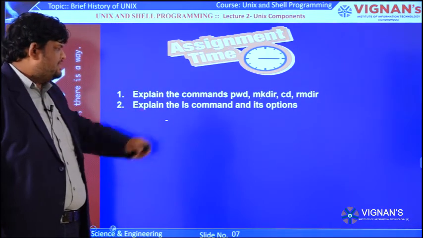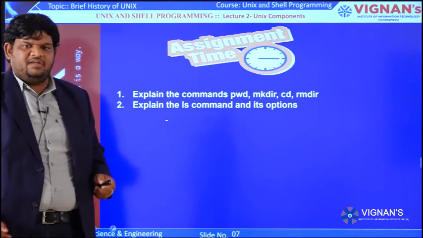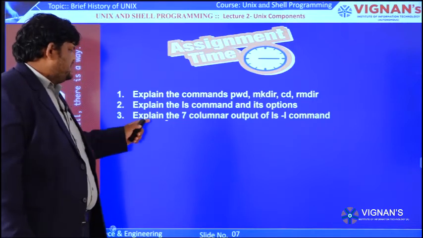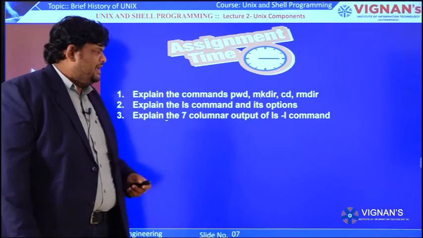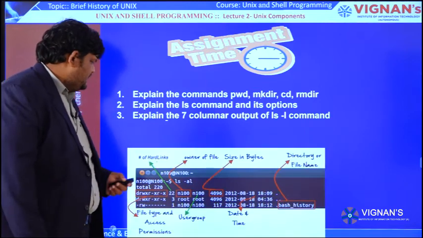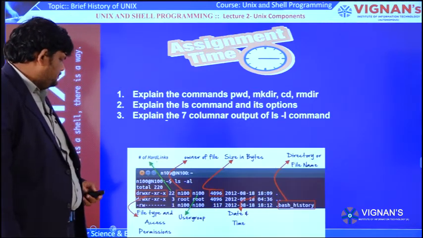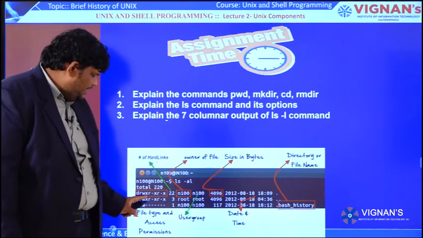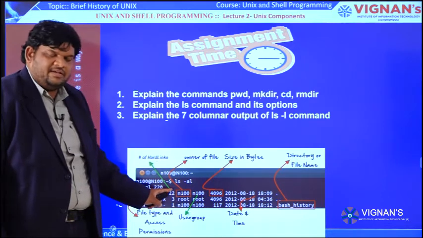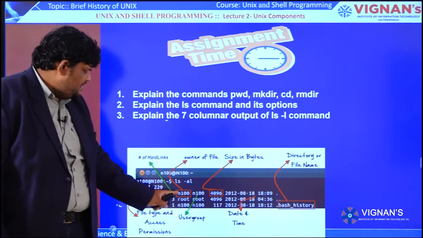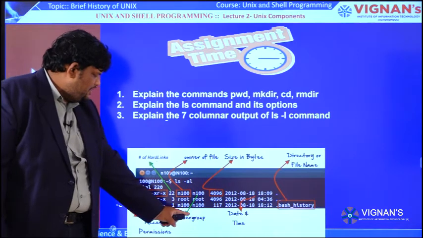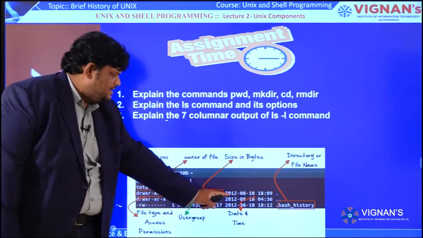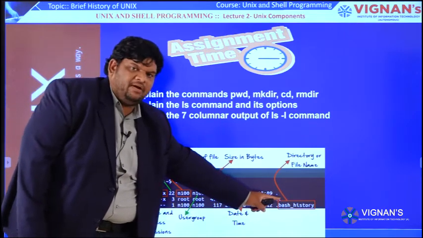Next one, the ls command and its options. There are so many options: option l, option h, option a, like that. Next, explain the 7-column output of ls space -l. That means if you observe here, a total of 7 columns are there. One is, as we already told, file permissions, second is links, hard link or soft link, next is the owner of the file, next is the group name of the file, next is size in bytes, next is date and time, and next is the file name or directory name.